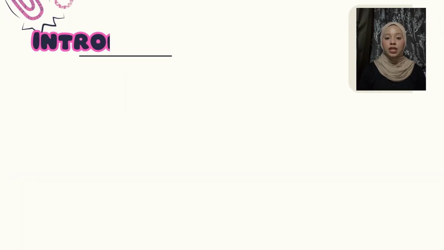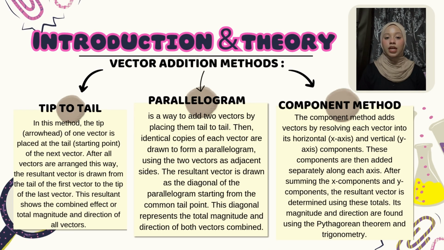Next, we have the vector addition methods. We have three vector addition methods, which are tip to tail, parallelogram, and component method. For the first one, we have tip to tail. In this method, the tip, known as the arrowhead, of one vector is placed at the tail, that is the starting point, of the next vector.